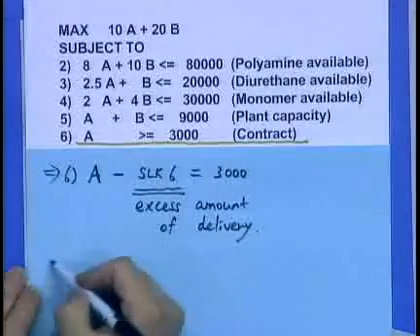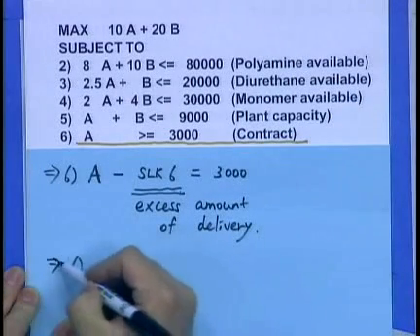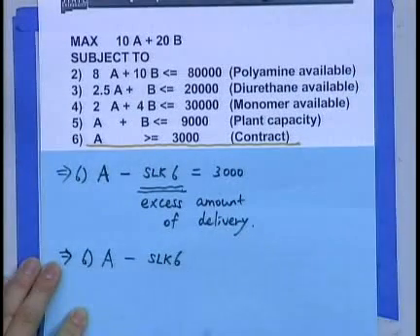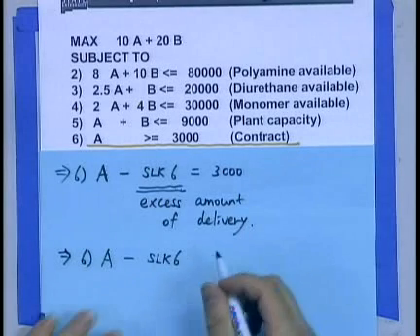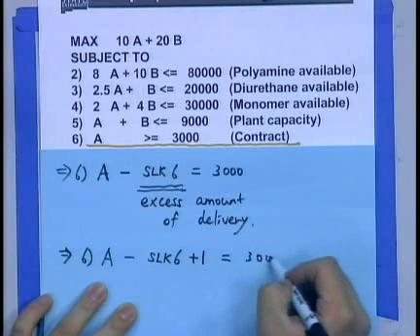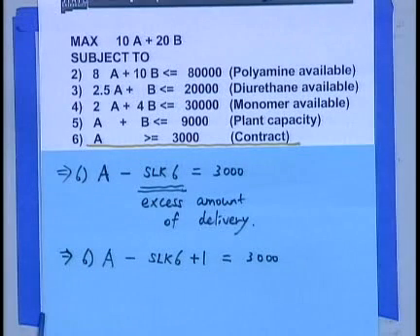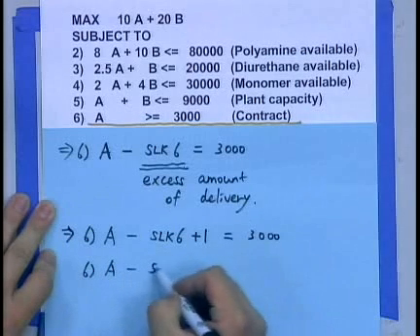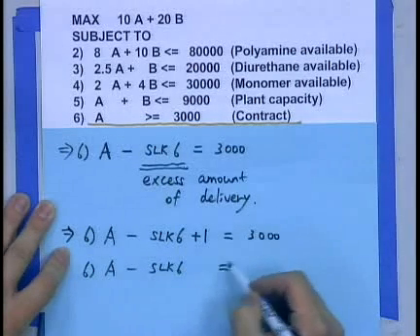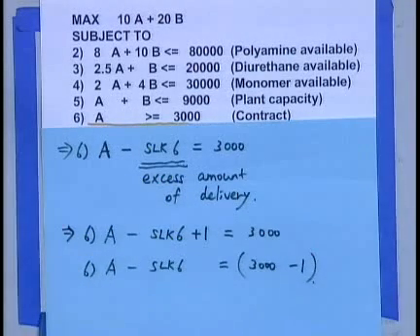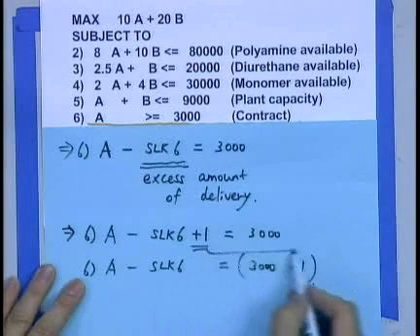So we have A minus surplus 6 plus 1 equals 3,000. Okay? And this is the same as A minus surplus 6 equals 3,000 minus 1. Okay? I just move positive 1 to the right-hand side.